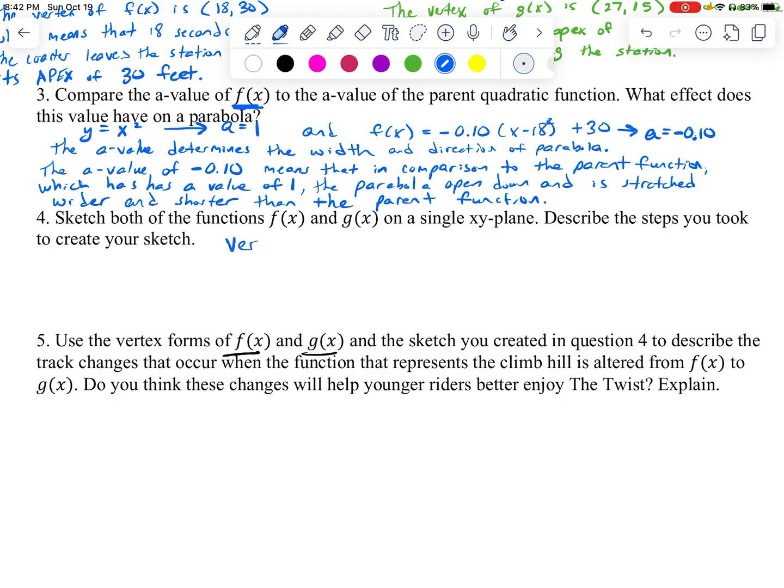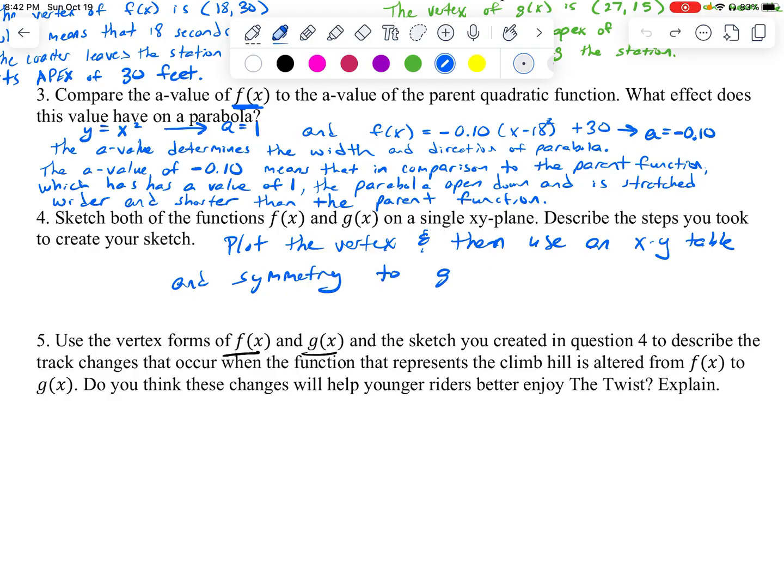I'm going to plot the vertex first for each of these, and then use an XY table and symmetry to sketch. So I'm not going to make a perfect graph, but to sketch a graph.